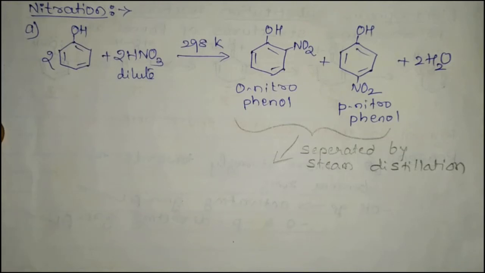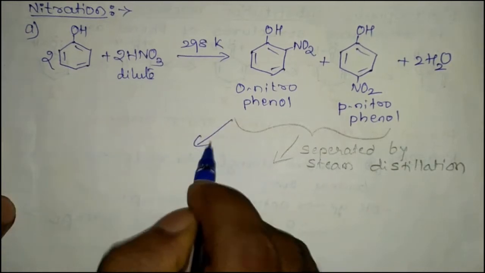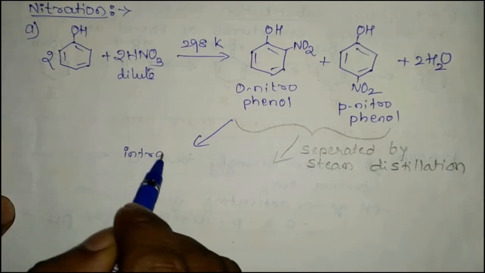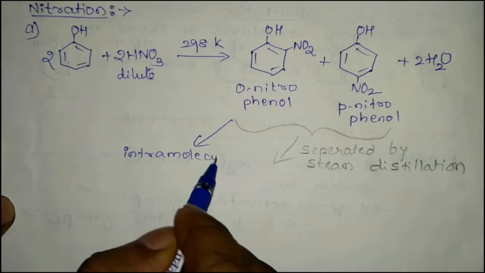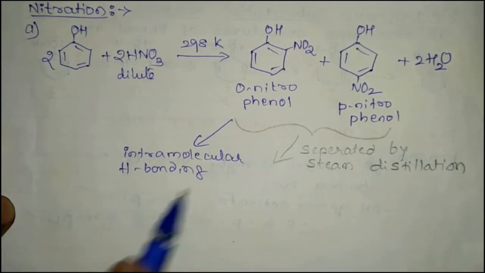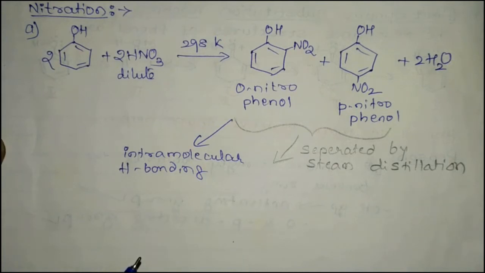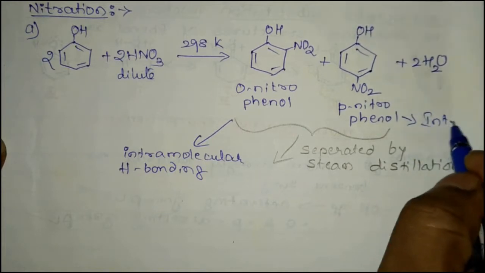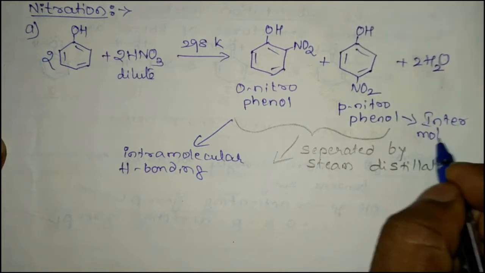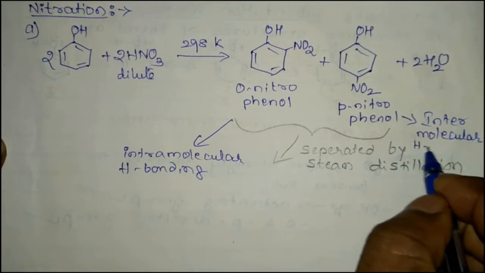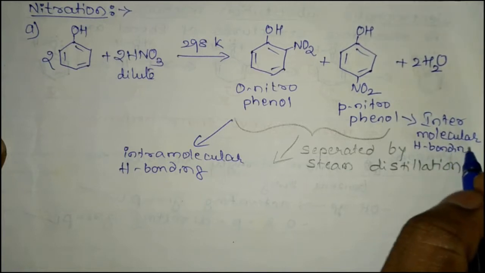The ortho isomer involves intramolecular hydrogen bonding, whereas paranitrophenol involves intermolecular hydrogen bonding.